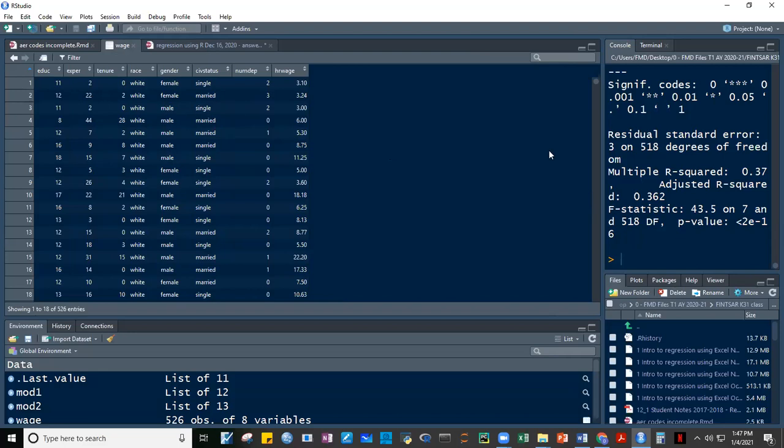Sorry, baliktad pala. Kunyari si female ang gusto kong gawing 0, ang reference. So ang gagawin ko, lalagyan ko to ng letter Z, female. Okay, that's one way. There are different ways, no? Para if it will be arranged alphabetically, mahuhuli si Z female. So ang gagawing benchmark o reference, si male, kasi mauuna siya. So magiging 0 to. Si female ang magiging reference.